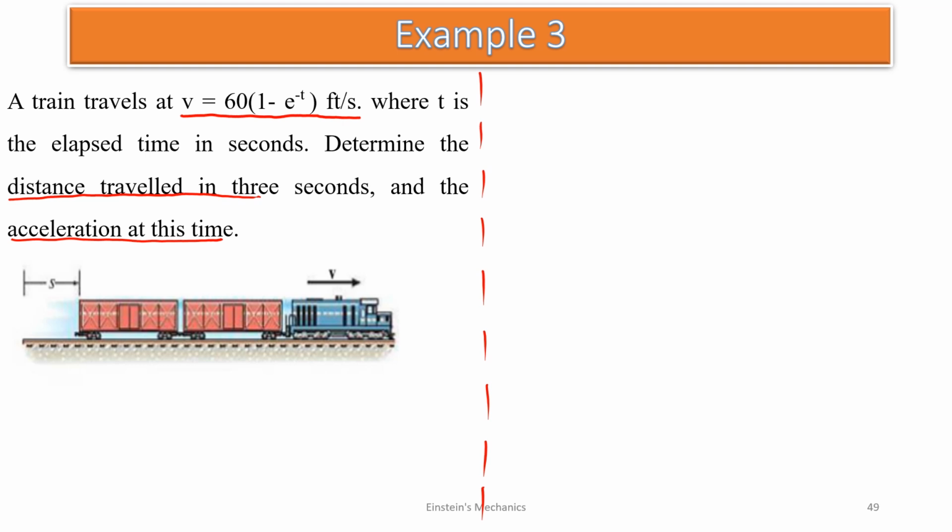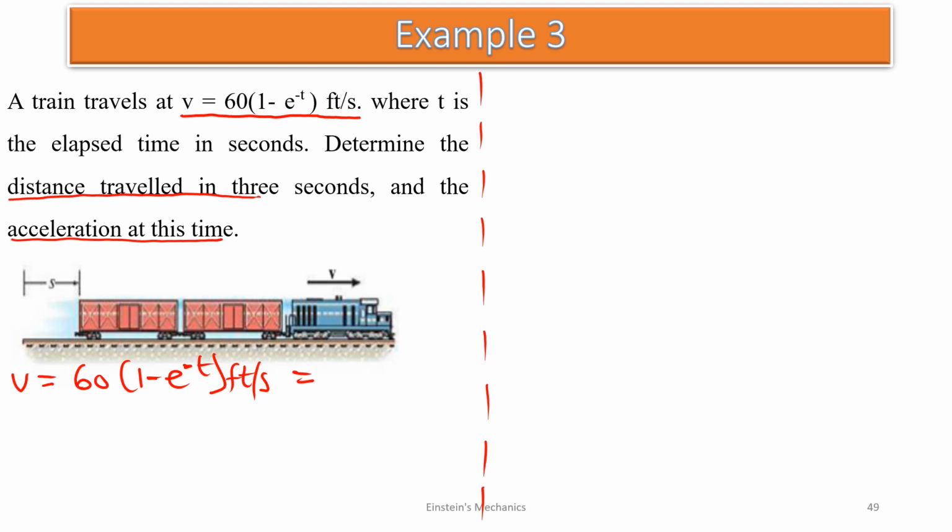Like we know already, we have our v function, which is 60 minus 60 e to the negative t. I don't want to open the bracket or factorize the 60 out.